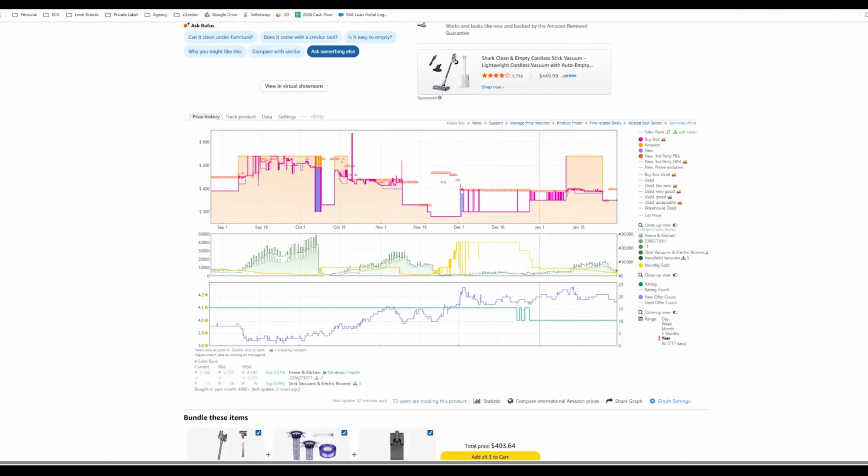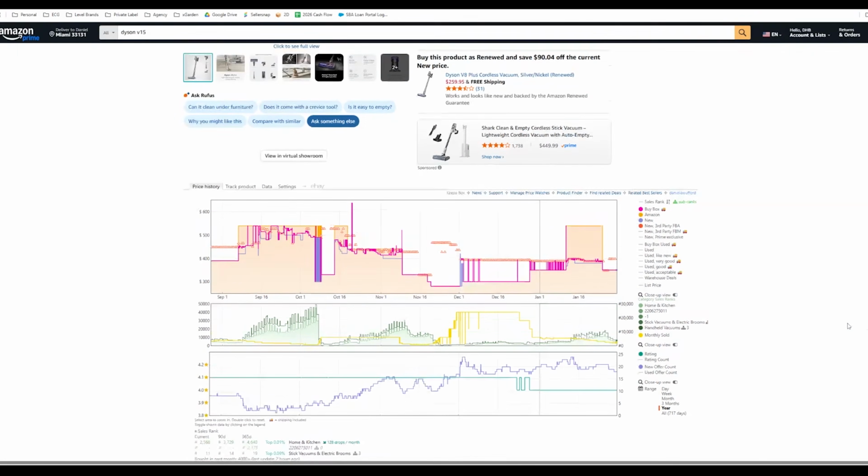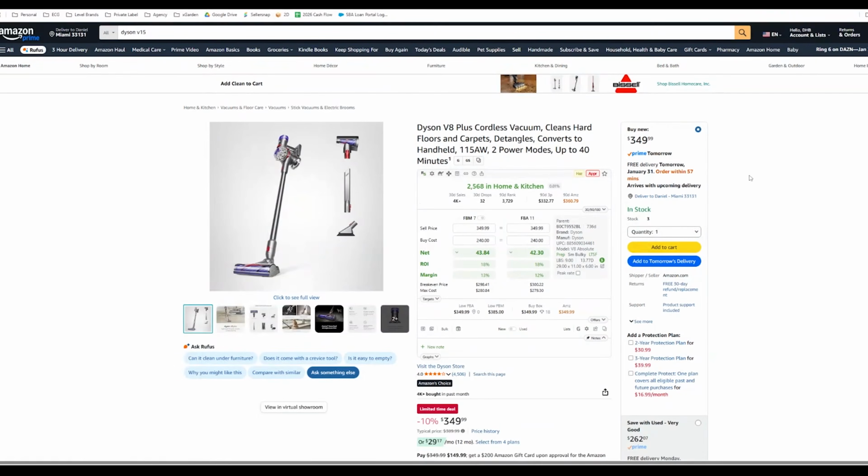Whereas Amazon sellers have the benefit of a huge wealth of historical data, and anything you could possibly want to know about competition, price history, sales velocity is all right here, which makes the risk of buying products a lot lower than if you were a brick and mortar. So consider yourself lucky that you have access to this data. And if you know how to use it well, then you're going to make the correct buying decisions 99% of the time if you're using Keepa and a profit calculator smartly.